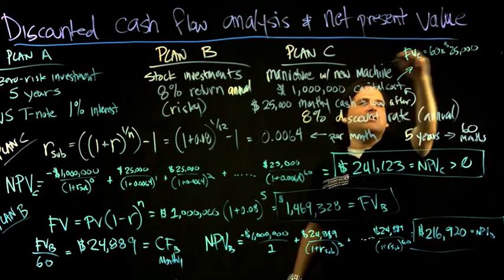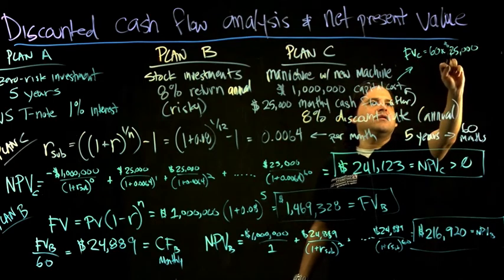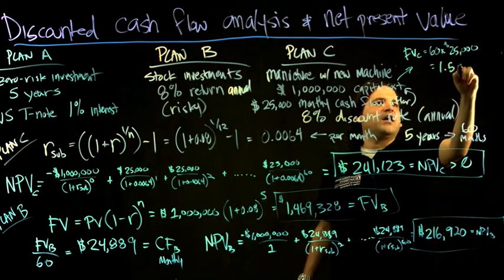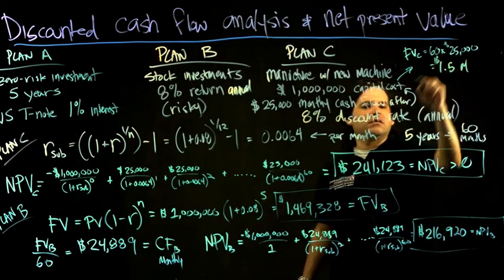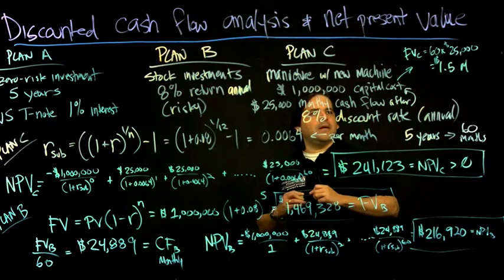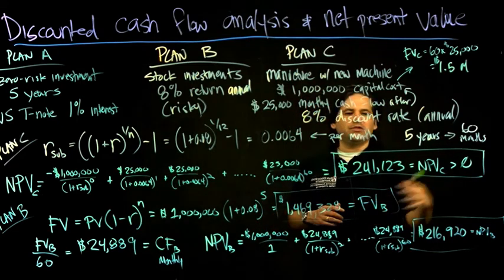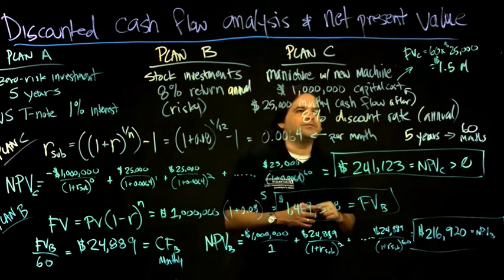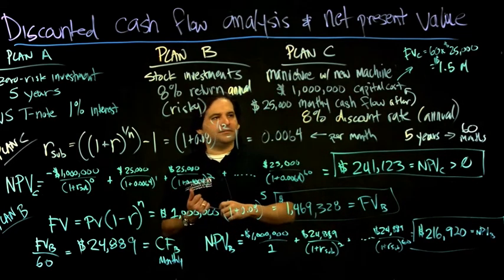After you pay that $1 million, you're still going to have a net value of 1.5 million. So the future value is bigger. So both on the basis of a future value and a present value, Plan C is better.